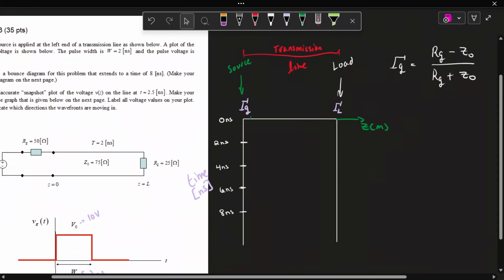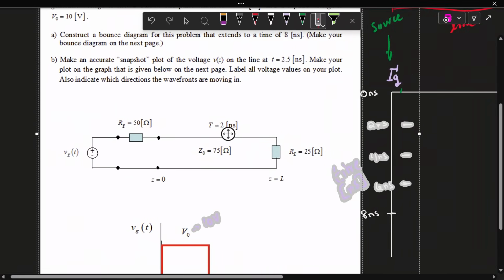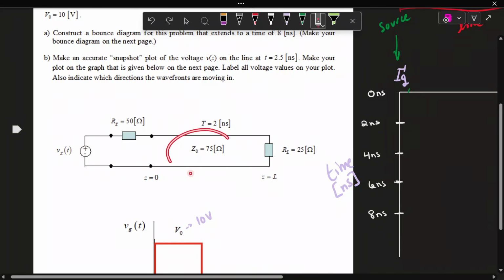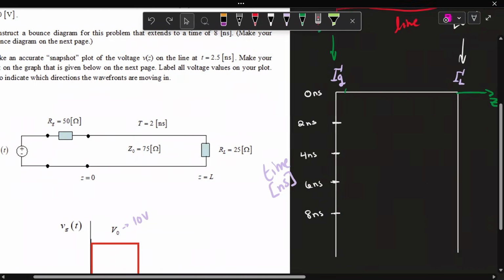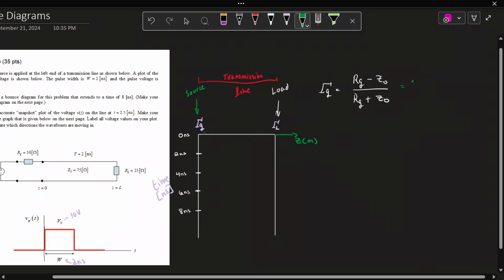One quick way you can figure out if it's 0 is, does the characteristic impedance here match the source resistance? In our case, it doesn't, so there will be some reflection. And we can say then that this is equal to 50 minus 75 over 50 plus 75. That should give you a negative number, and that number is negative 1 over 5. So we're going to let this be negative 1 over 5.